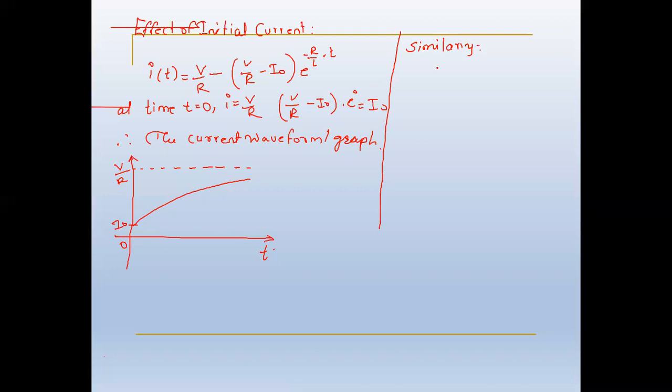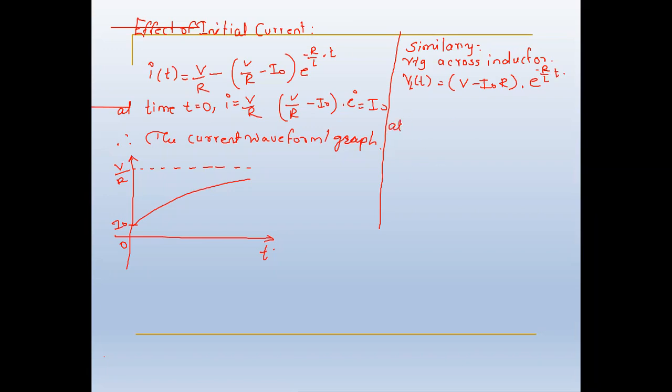And similarly, the voltage across the inductor can be defined as VL of t is equal to (V minus I0 R) into e raised to minus R by L into t.